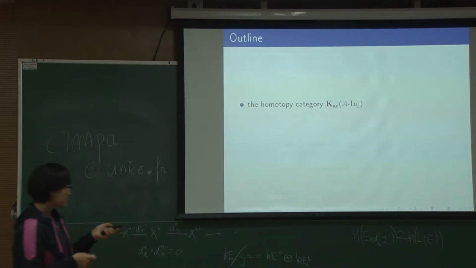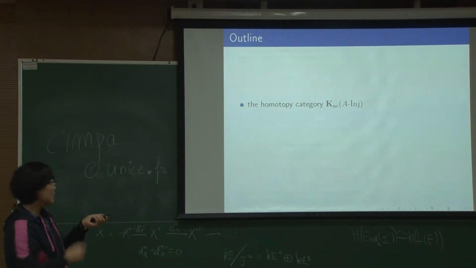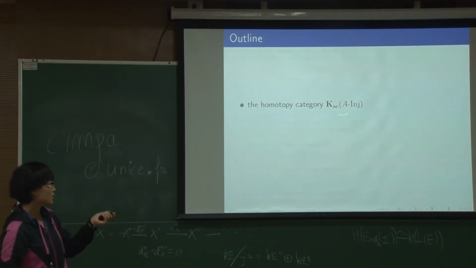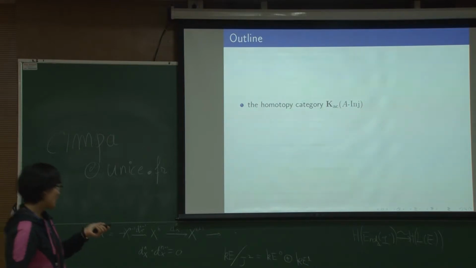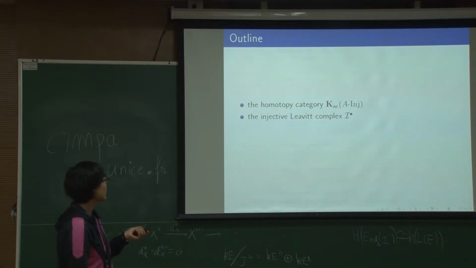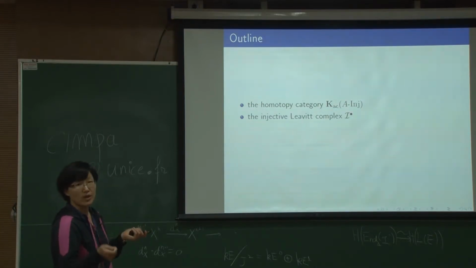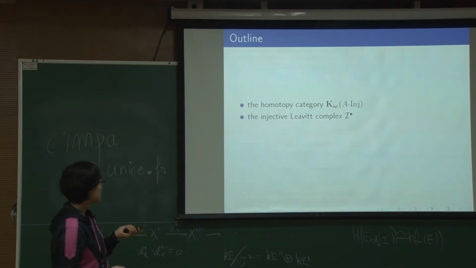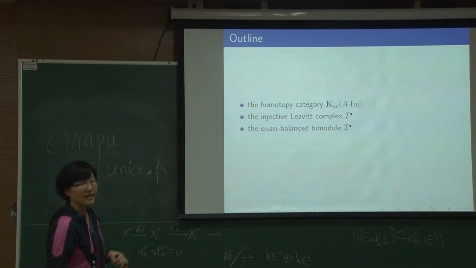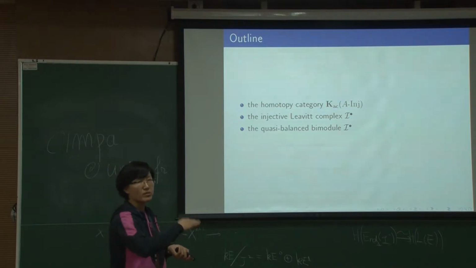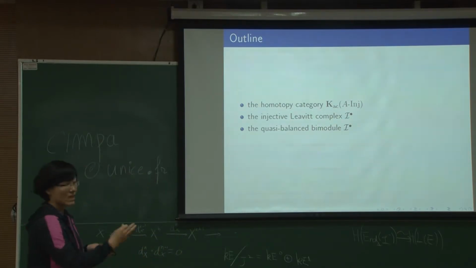So here, we will know what this category is. And the second part, we will construct the injective Leavitt complex I. Then we will prove the connection between the endomorphism algebra of the injective Leavitt complex and the Leavitt path algebra.